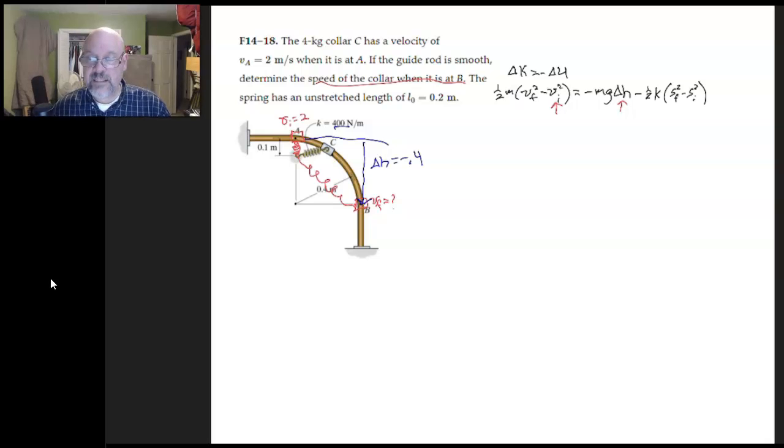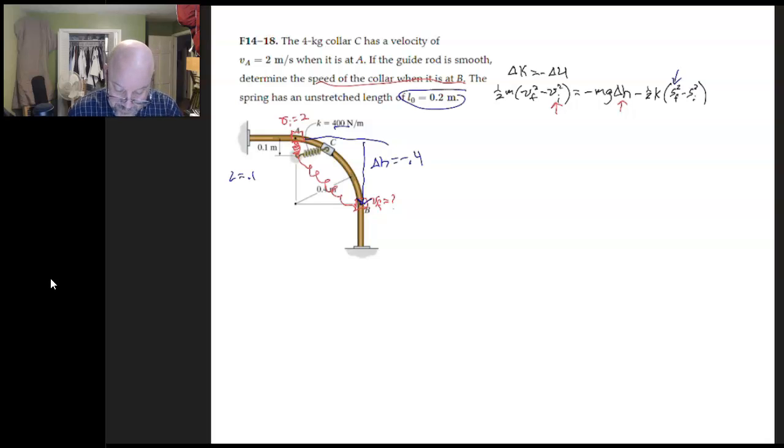And then what we need is s final and s initial. Now remember, these numbers over here are the compression values, not the actual length of the spring. So what we have at the top at position A, the length of the spring is actually 0.1.